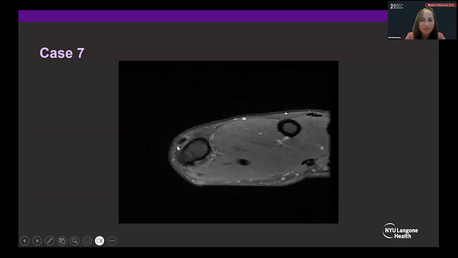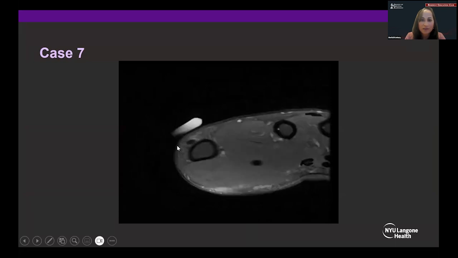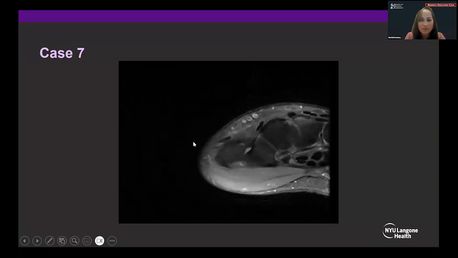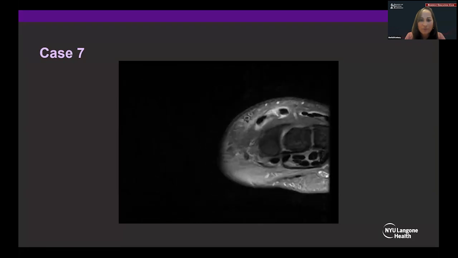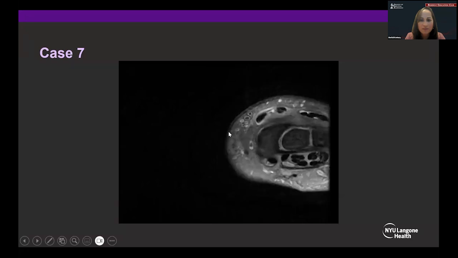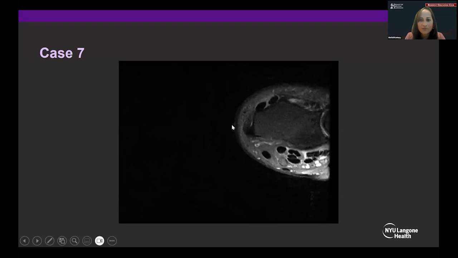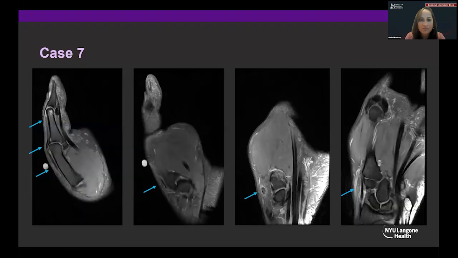So here is our tendon that we can see. So low signal intensity fibers, and then as we go proximally towards the wrist, we're losing the tendon completely. So now we're getting just towards the proximal wrist, towards the forearm.